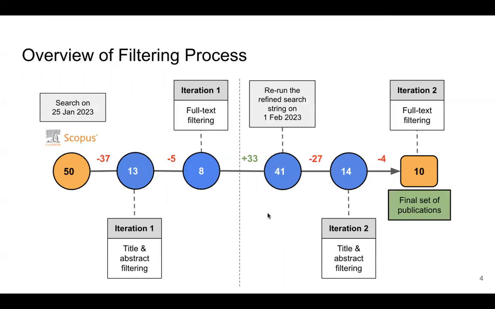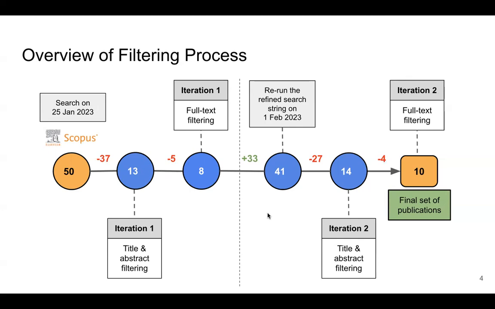To answer these research questions, we have conducted a systematic mapping study. This diagram gives you an overview of the filtering process of our mapping study. This entire process can be divided into 2 iterations.